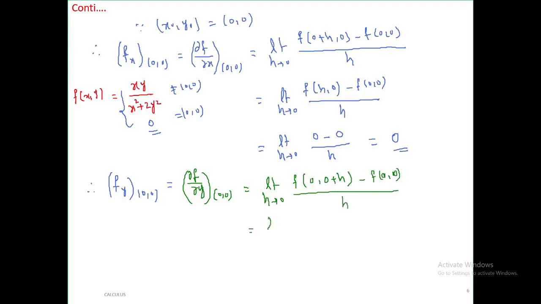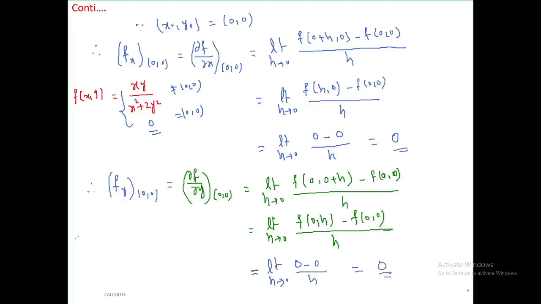That means limit h tends to 0 of f of 0 comma h minus f of 0 comma 0, whole upon h. Now substitute back. What is f of 0 comma h? Wherever x, you write 0, instead of y you write h. So 0 by 0 square plus 2h square, so 0 only it is. So 0 minus 0 by h, where limit h is reaching 0. Now this is again 0. Look, both exist.